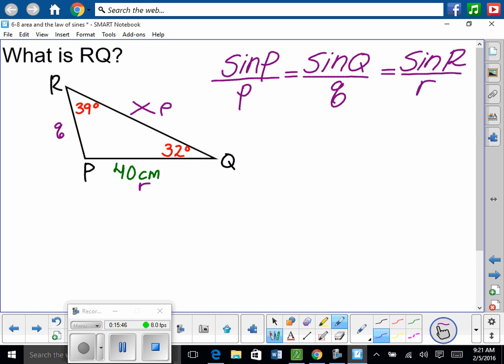So I set up my law of sines. Now I'm going to put in what I know. So I'm obviously going to use this angle, right? Okay, and we have that side. So this is R. So we have sine of angle 39 over 40 will be equal to, now look, aren't we trying to find x?